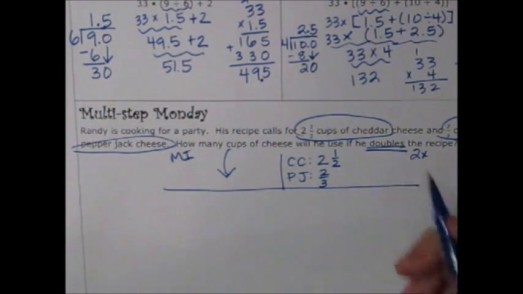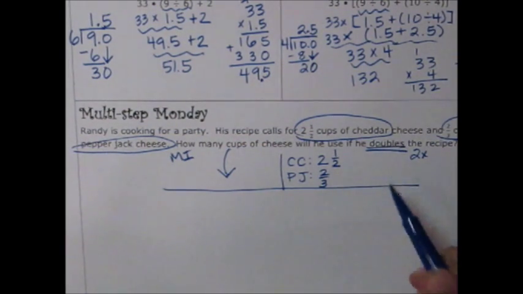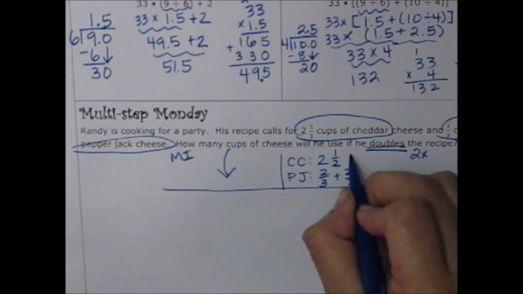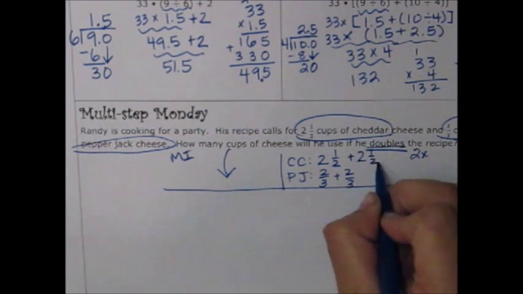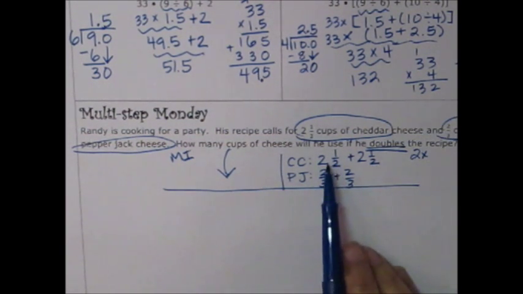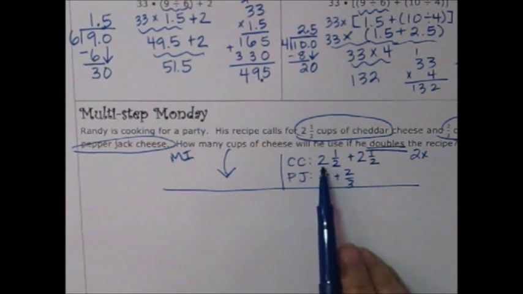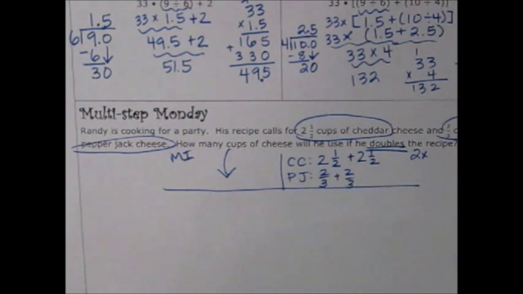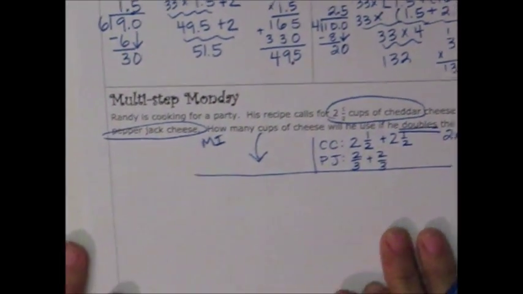But we're doubling it, which means we can multiply by 2 or we can just add it twice. So 2/3 and 2.5. And the reason why I'm adding is because we've been practicing adding, but we have not yet multiplied a whole number and a fraction times a whole number. So we'll just keep it simple.